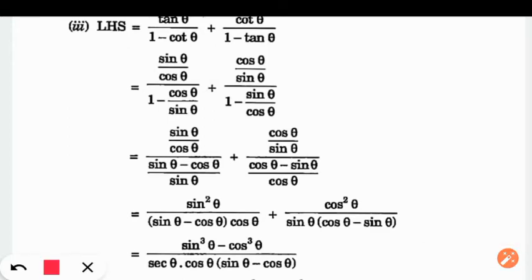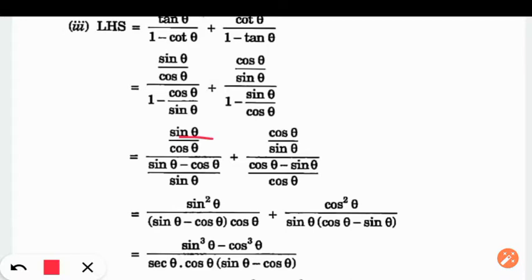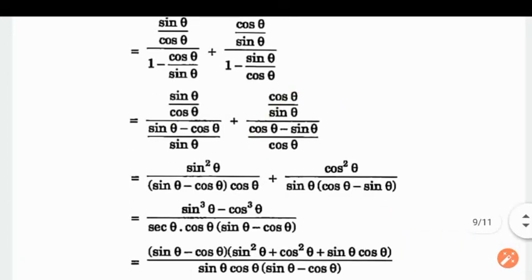Now what will happen? This sin theta will multiply with the numerator, and this cos theta will multiply with the denominator, and the same thing will happen with this term. So we will get the next step.